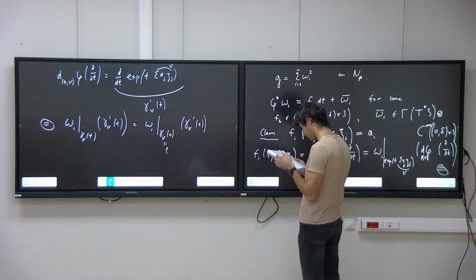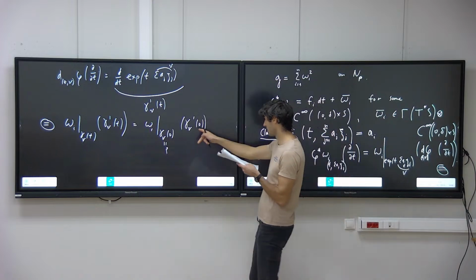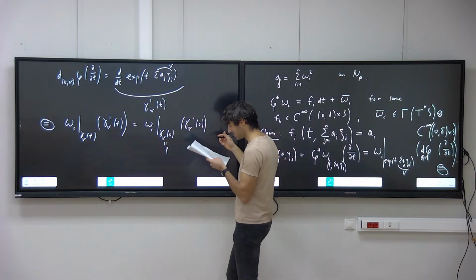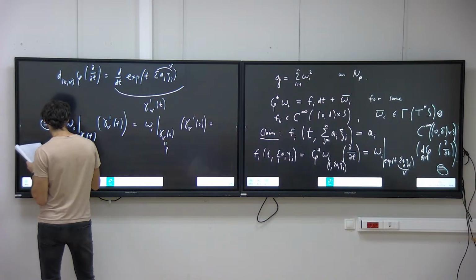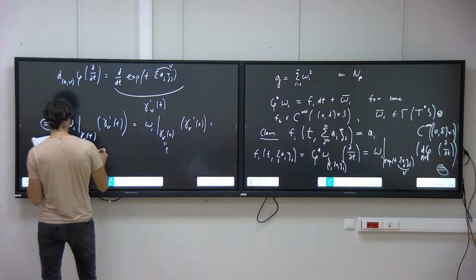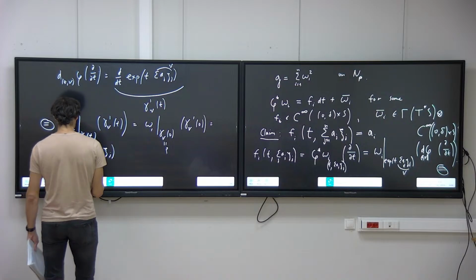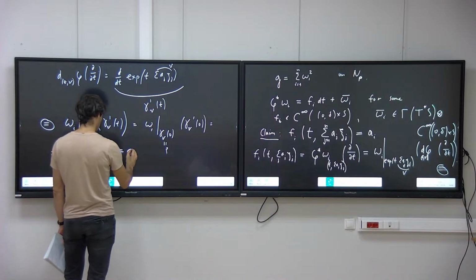All right. But gamma V prime of 0 is just V. So this is actually omega I at point P of V, which is sum over A j psi j. But now omegas are dual to psi, so this is actually AI.